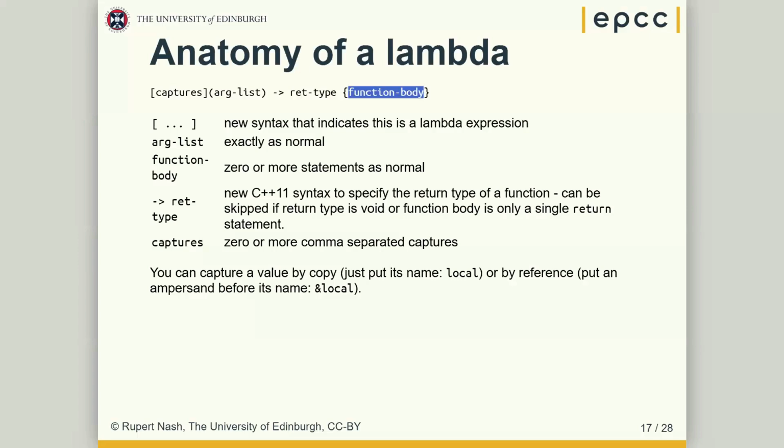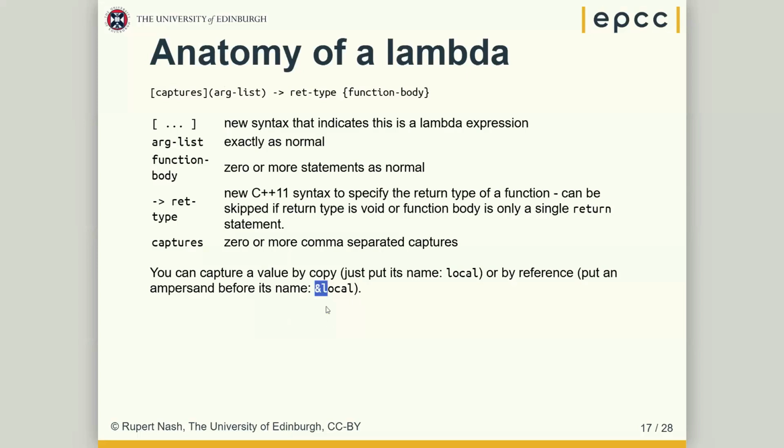And then as I was mentioning about captures, you can capture by value, making a copy, or we can capture by reference. If a local variable is going to be captured by value, you put that variable's name. If we want to capture by reference, then we need to put an ampersand when we do the capture.